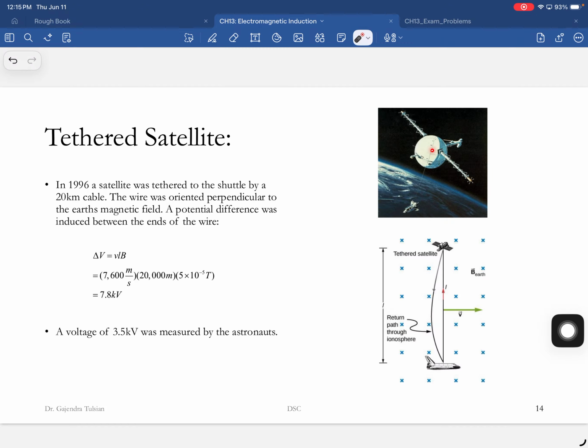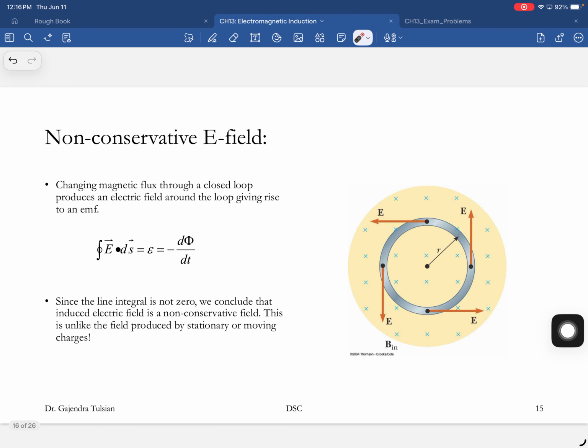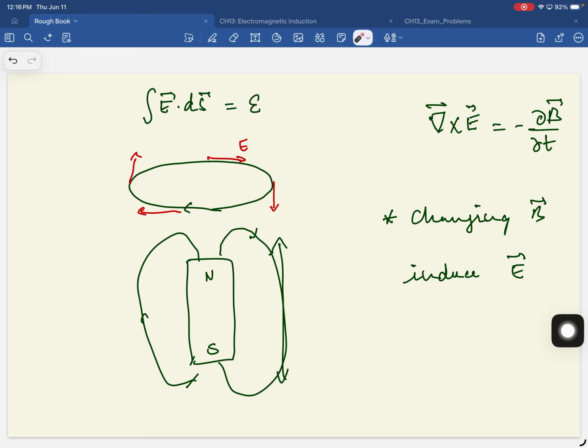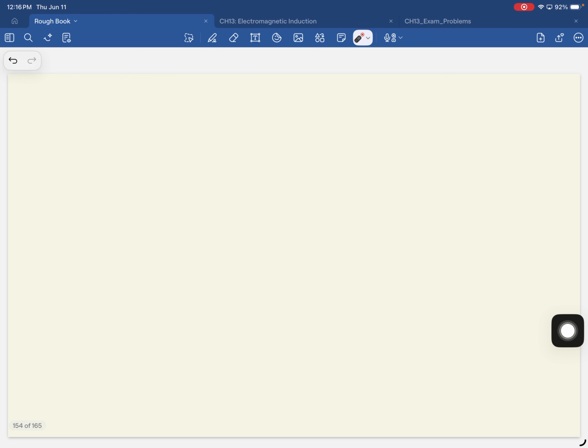They tethered this cable, and it's going through the Earth's magnetic field. So the voltage induced should have been 8,000 volts, and they observed about half of that, because charges were leaking away in the ionosphere. So it's interesting enough for them to test it out there.